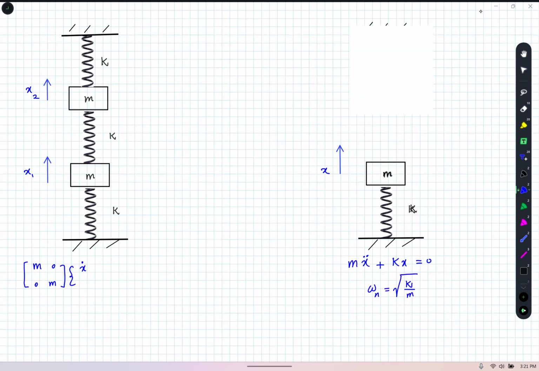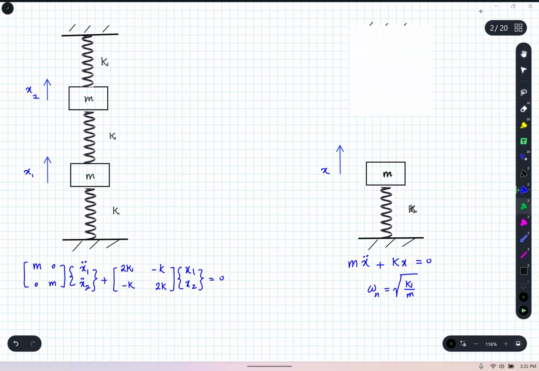Now, I have x1 double dot and x2 double dot here. And for K, I'm going to have 2k, minus k, and 2k there, times x1, x2 equal to 0.